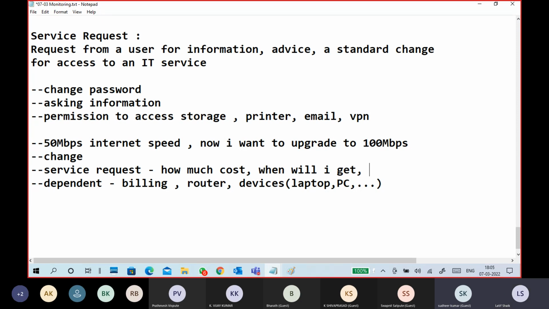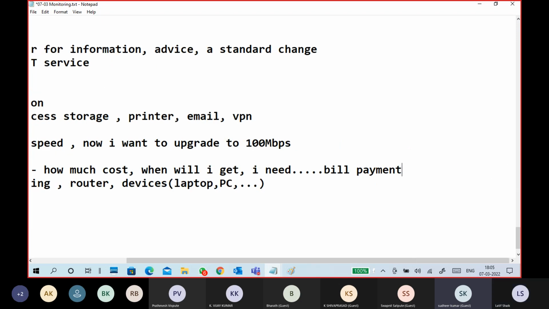When will I get it? When do I need it, necessity kind of stuff, possibility kind of stuff. These are a lot of questions. So we put information requests and payments. You're paying a bill. Bill payment is also a service request.